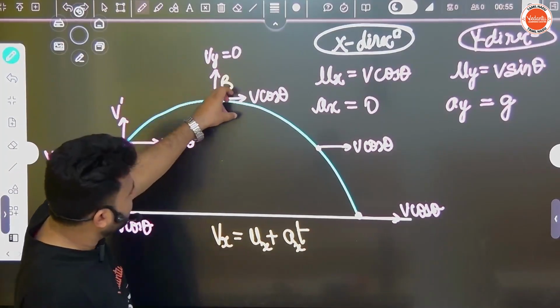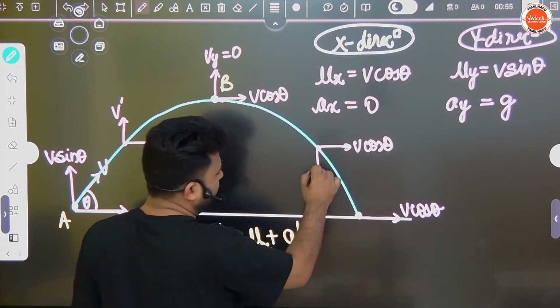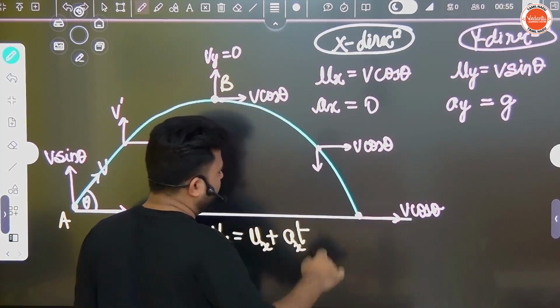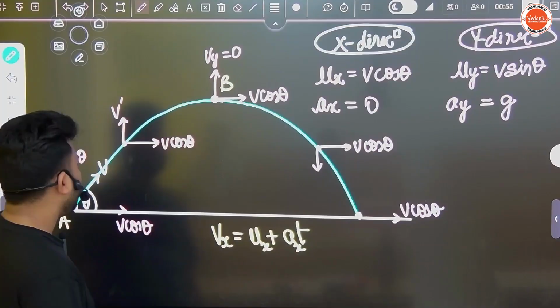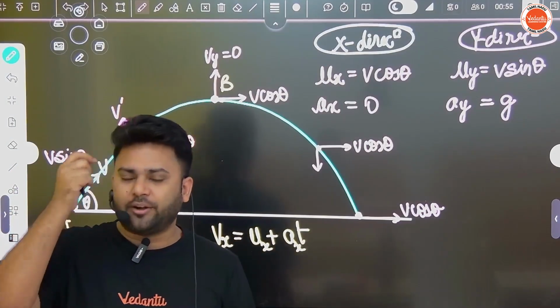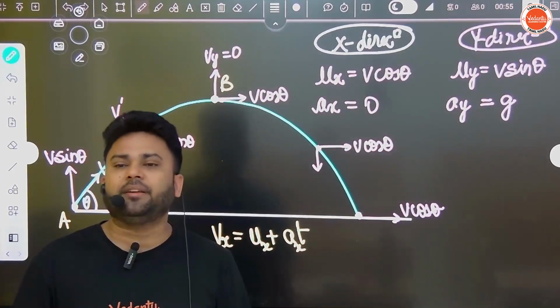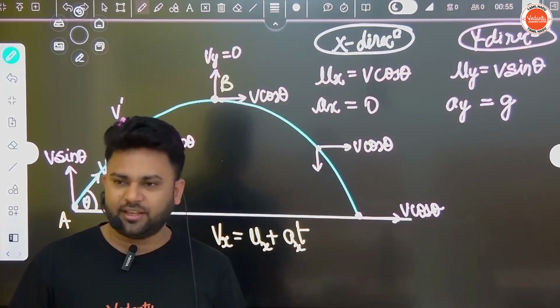Now as it falls down, again the y component will increase. Here also it will increase, again it will increase, here it will be maximum. Now here also same thing. You remember the 1D motion I told, I don't know whether you people attended or not: same level, same speed.